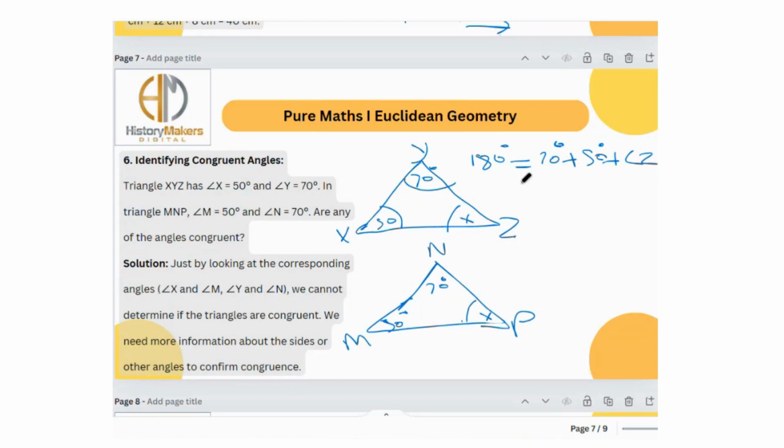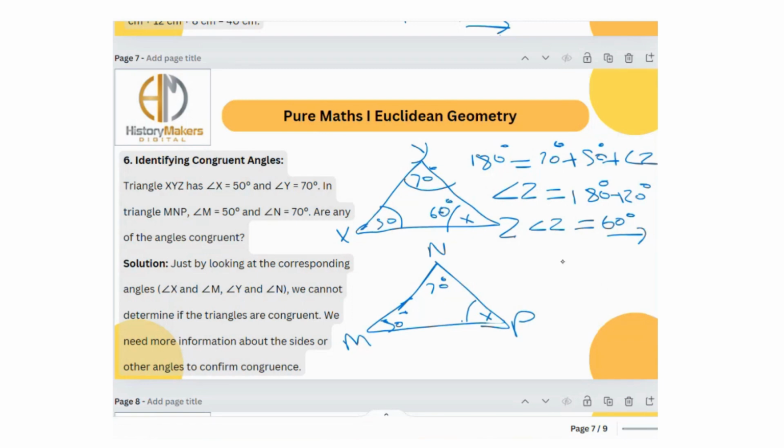And if you solve for angle Z, 70 and 50 will give us 120. And then if you take it to the other side, it's going to be 180 degrees minus 120. Then your angle Z will therefore be equal to 180 minus 120, and you are left with 60. So that will be our angle, 60.